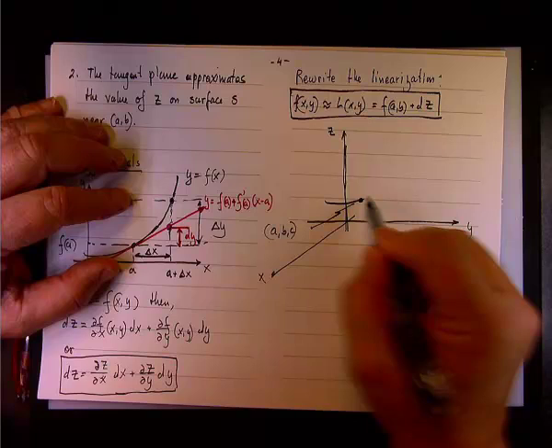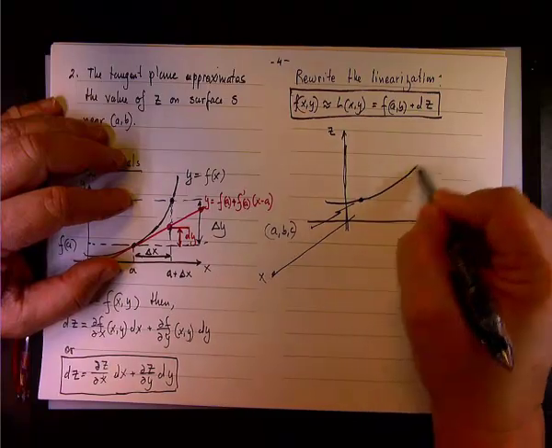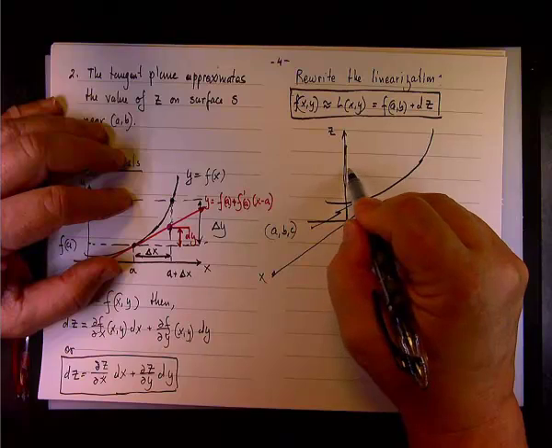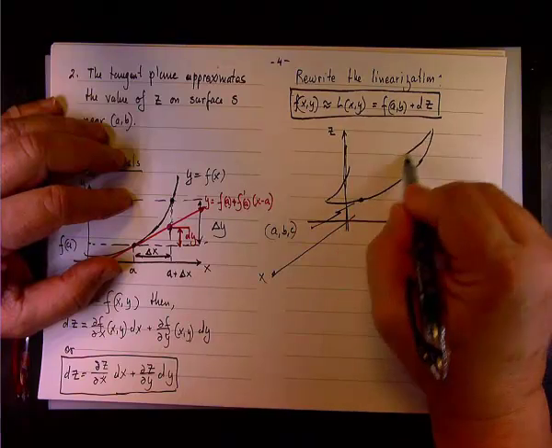So I'll pick a generic point right here, and this will be my a, b, c point. This point is sitting on a plane, and I'll make it at the edge of the plane, like so.